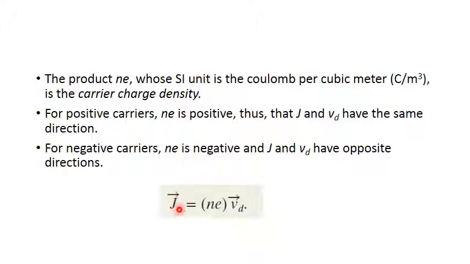So in the relation between the current density J and the drift velocity, J would be proportional to the negative of the drift velocity. So in this case, J and Vd have opposite directions, or in other words, the direction of the current density would be opposite to the direction of the motion of the carrier.